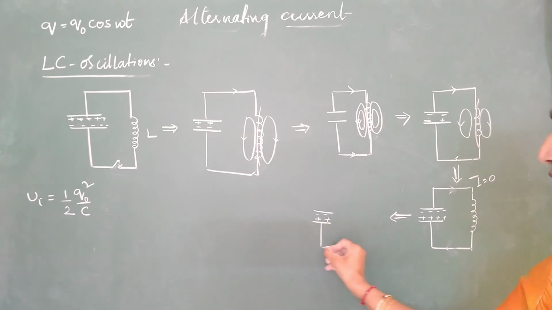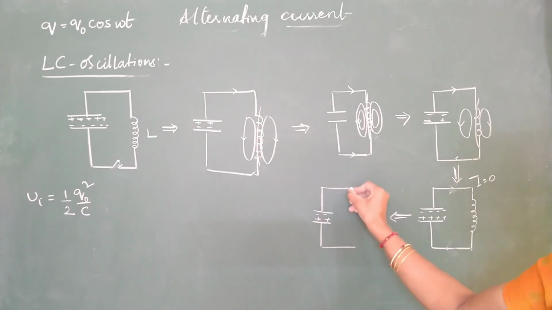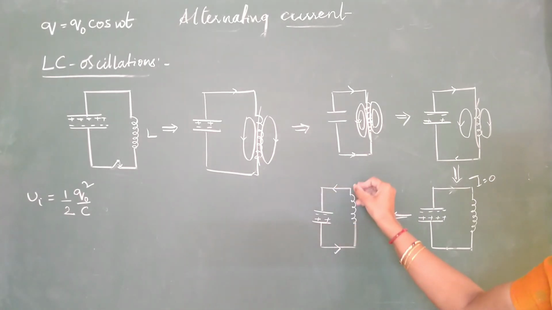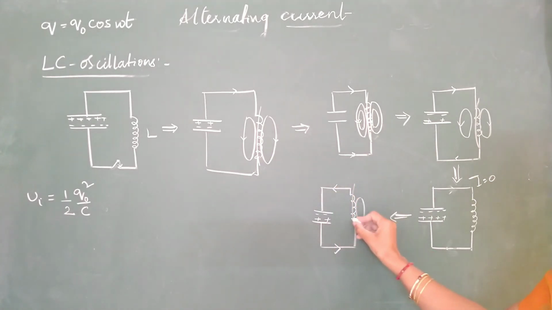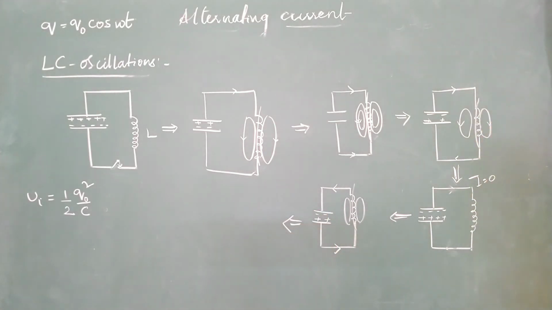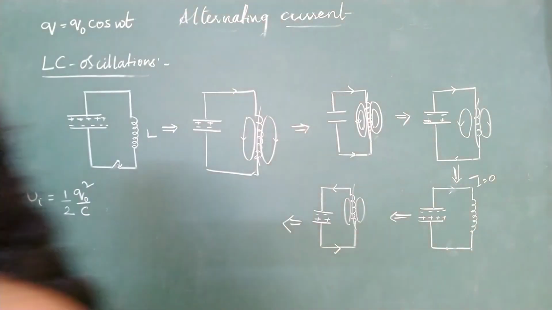Charge on the plates of the capacitor is again decreasing, but this time current has reversed its direction. Flux on inductor slowly starts increasing. Continue. Capacitor is fully discharged.